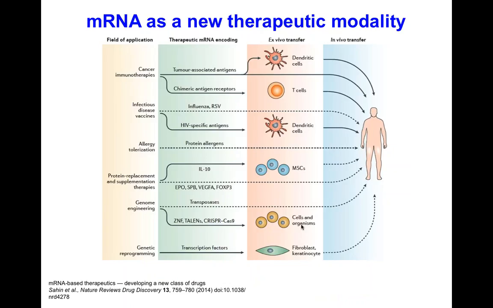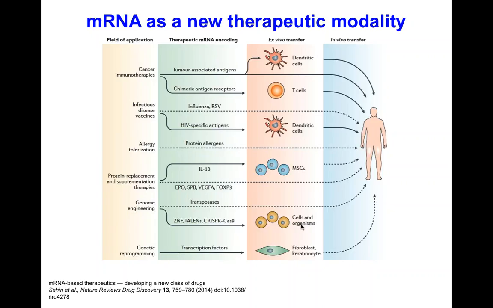My own lab, since I moved to Oregon State University and Oregon Health and Science University in Portland, has moved into the area of messenger RNA therapeutics. And we were interested in understanding how the intracellular delivery of mRNA is happening.